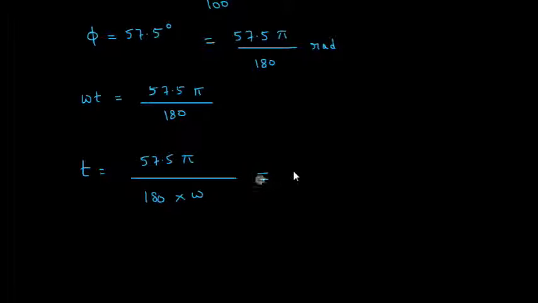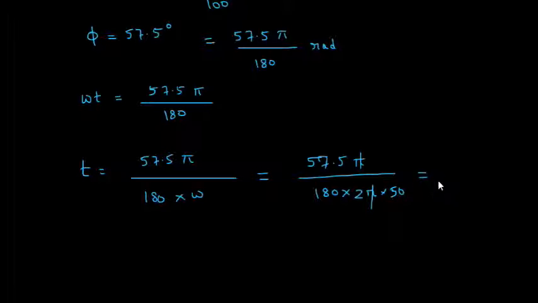Now put the value of omega here: 57.5 pi upon 180, and the value of omega is 2 pi multiplied by 50. So we can cancel pi and many things will get cancelled.